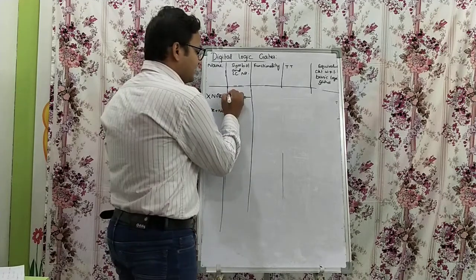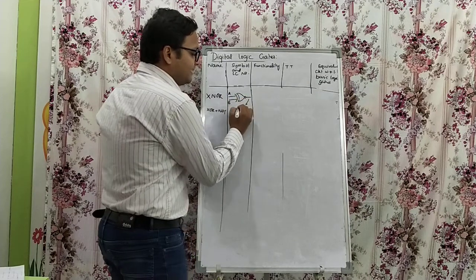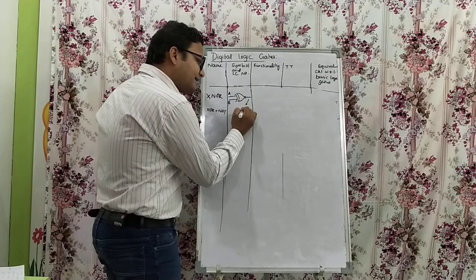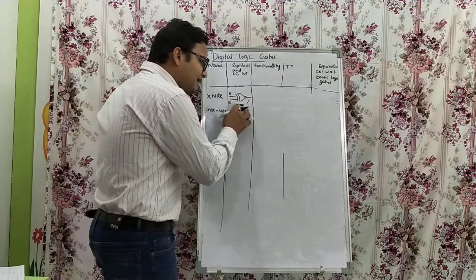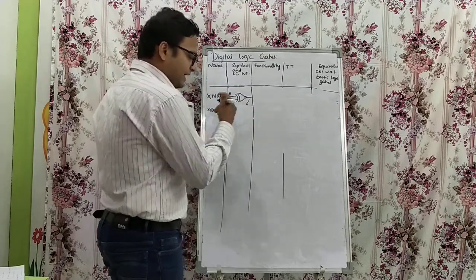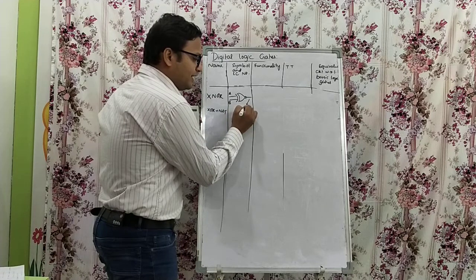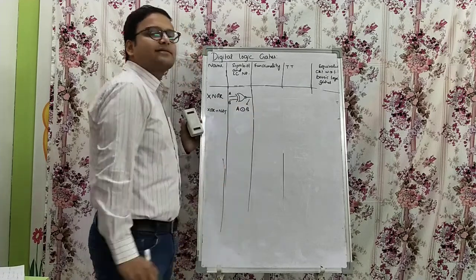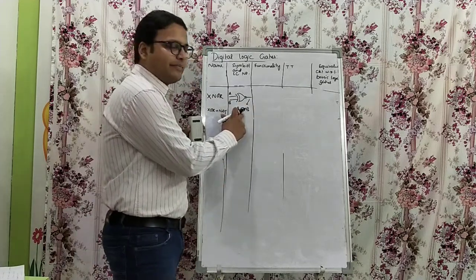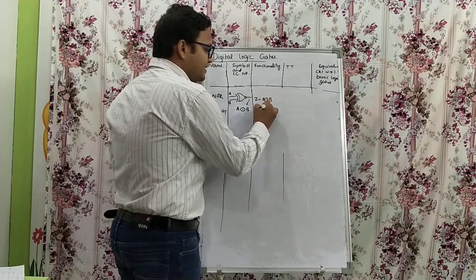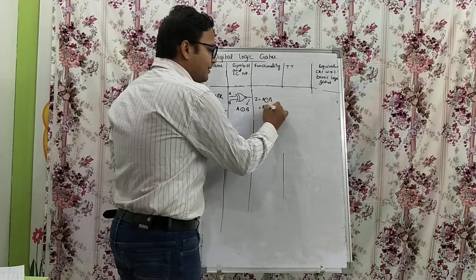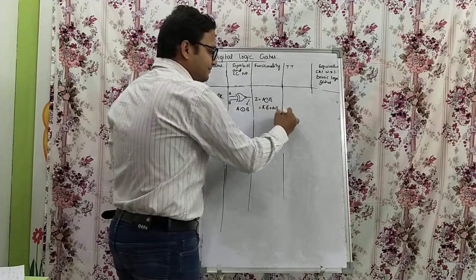So this is A, B, and here it is A XOR B inverted. This is the symbol, A XNOR B. What is the functionality? Functionality is A XNOR B, which is A bar B bar plus A B.